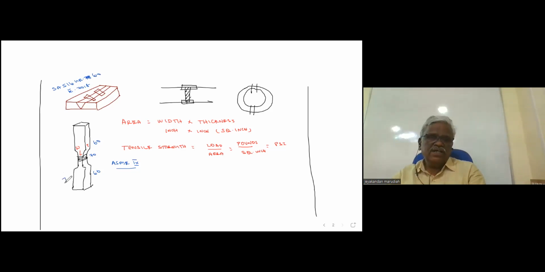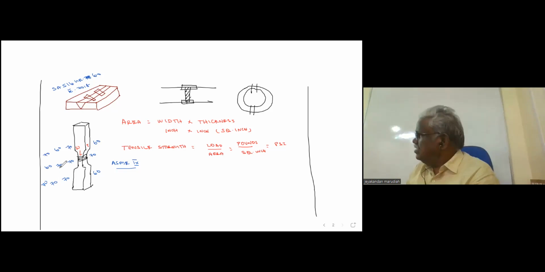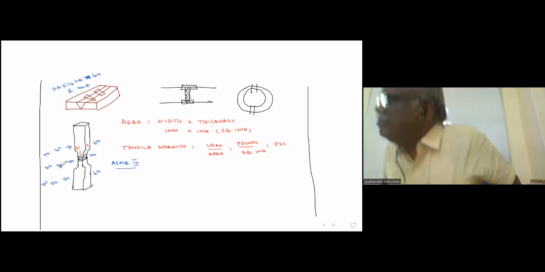Or all can be 70, suppose you are using material 70. Sometimes it can be like this also, one is 60, another is 70, dissimilar. In 510 we have seen 70, 70, 60. Lower filler metal is also allowed. These are the various possible combinations.